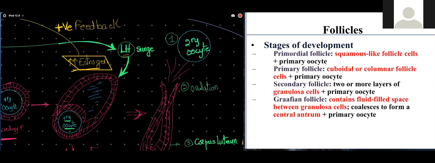Another thing is that this Graafian follicle will rupture, releasing the secondary oocyte, and we call the rupture and the release of the egg ovulation.